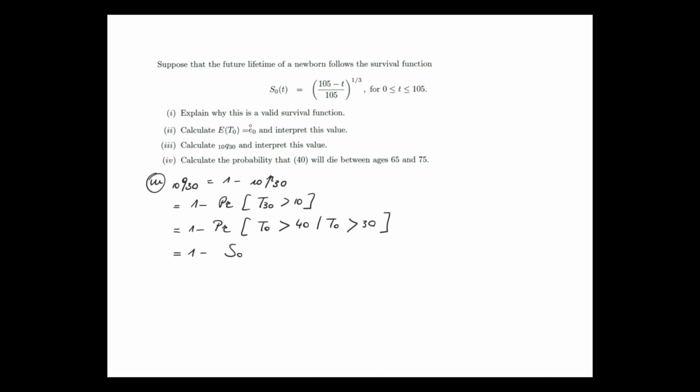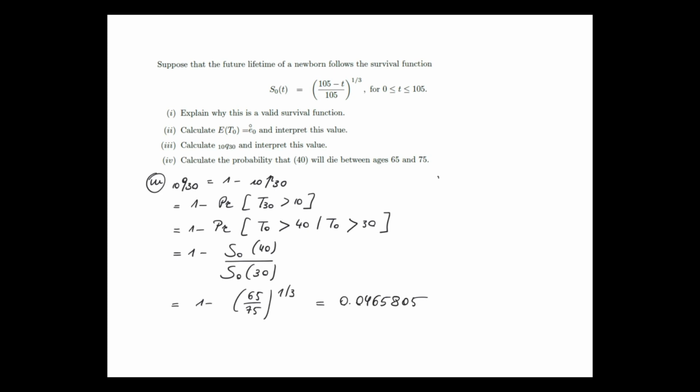It's the survival function of a 0-year-old evaluated in 40 divided by the survival function of the 0-year-old evaluated in 30. I'll plug in the numbers, and you can do that yourself. You'll eventually see that that becomes the following expression. So that is equal to 0.0465805, right? And once again, it's the probability that a 30-year-old will die within the next 10 years.